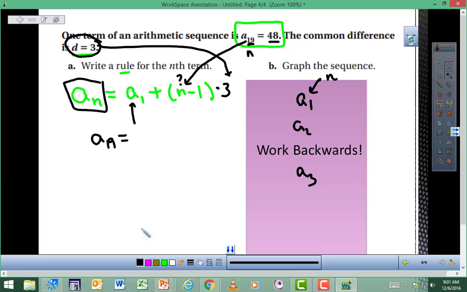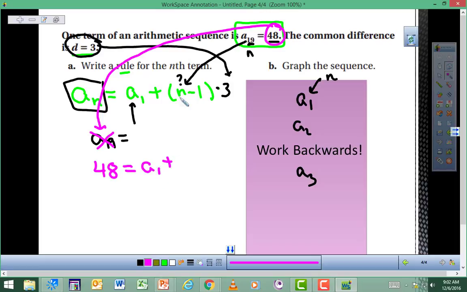So what you can do is, let me use a different color here. You can take this 48 now and substitute it right here. You see? Since a sub 19 is equal to 48, you're going to replace this one with 48. And that will allow us to solve for a sub 1.